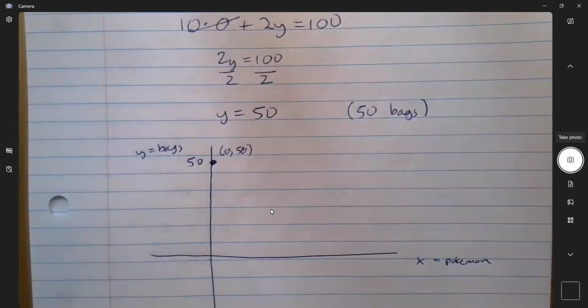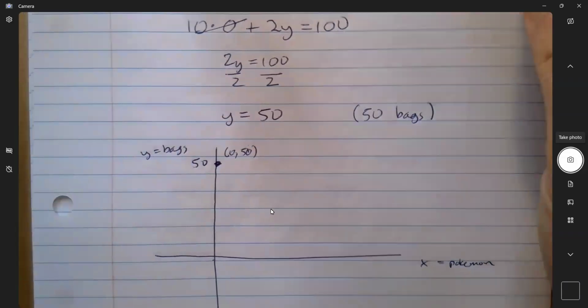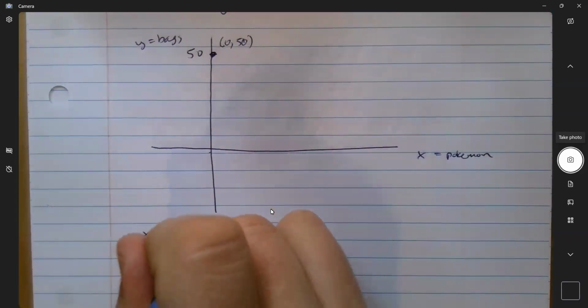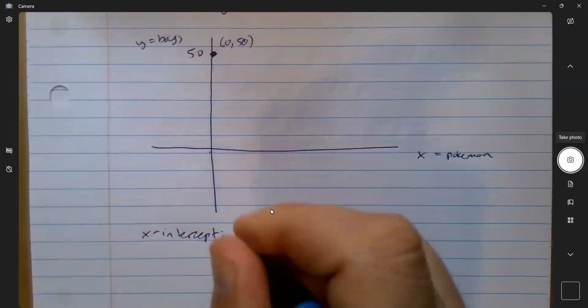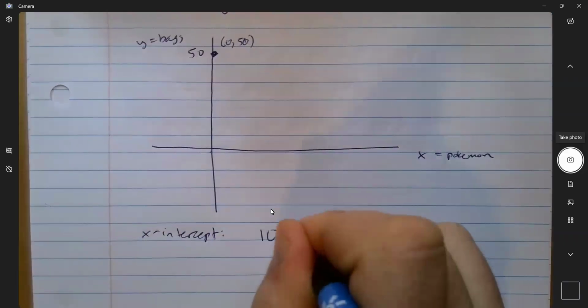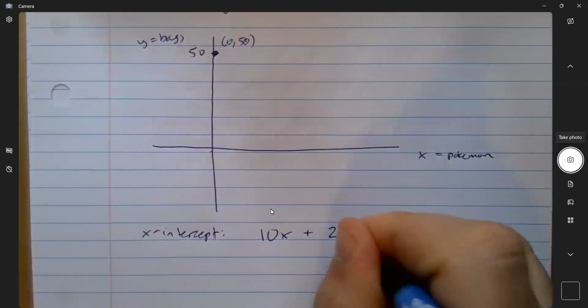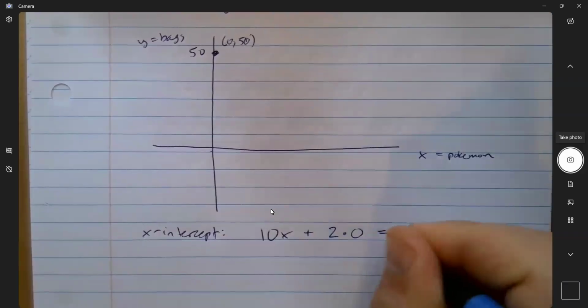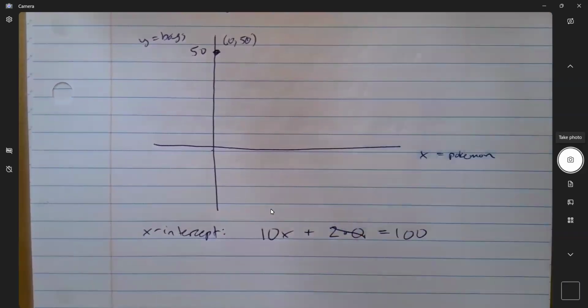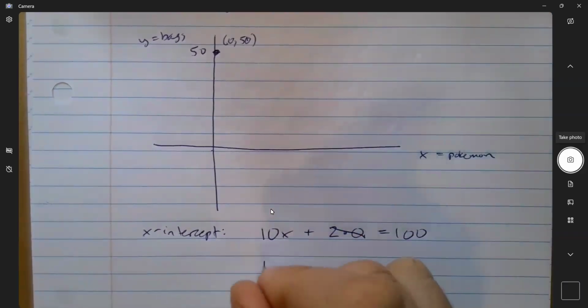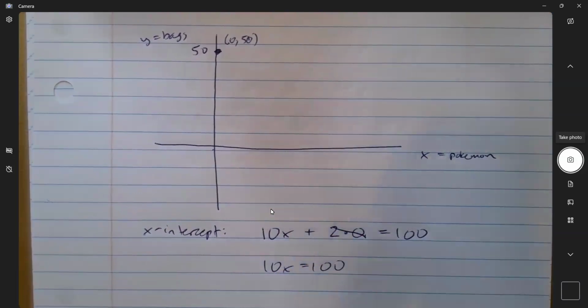And I can also figure out the x-intercept, and that's when y equals 0. So for the x-intercept, we're going to put 0 in for y. And that 2 times 0 goes away, and I have 10x equals 100.